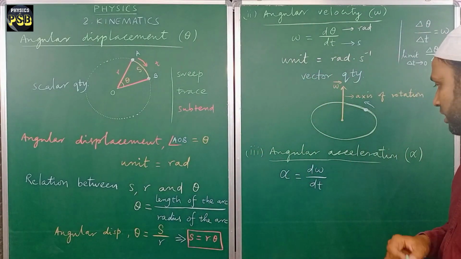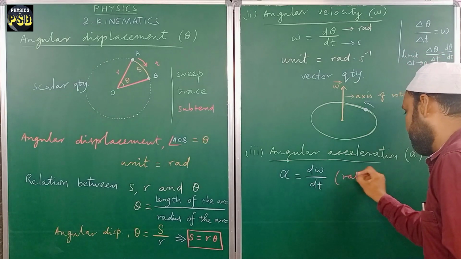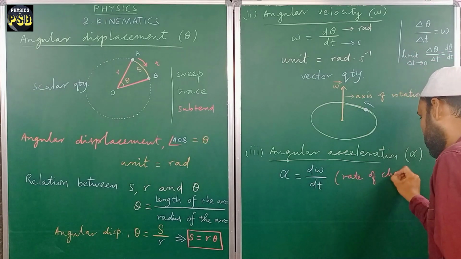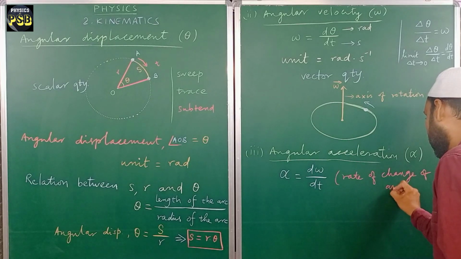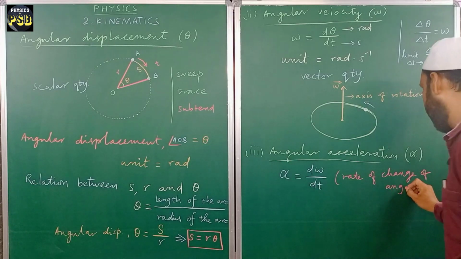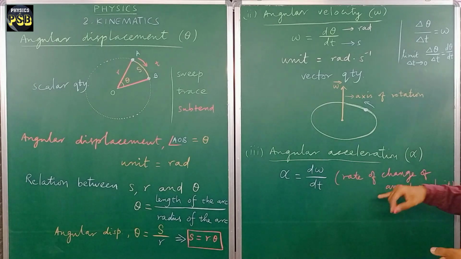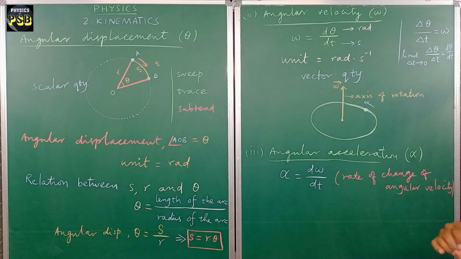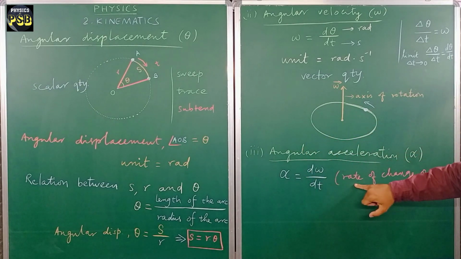Let me write this one here. It is the rate of change of angular velocity. Now, what is the meaning of rate of change? Whenever you divide a quantity by time, then we use the term rate.